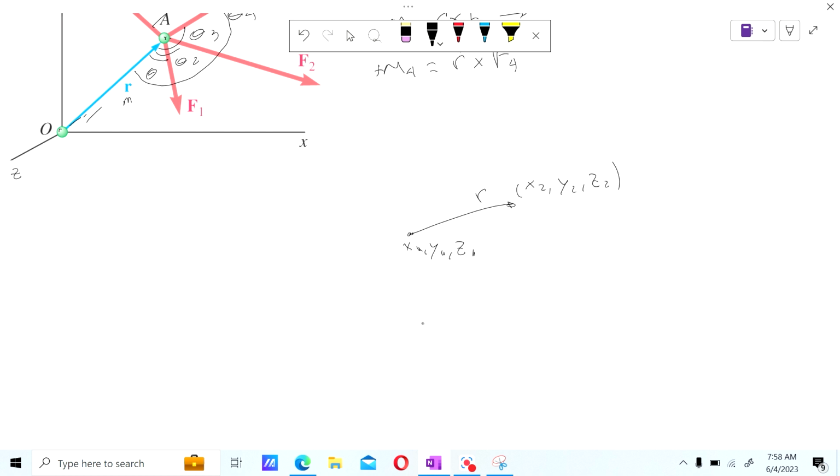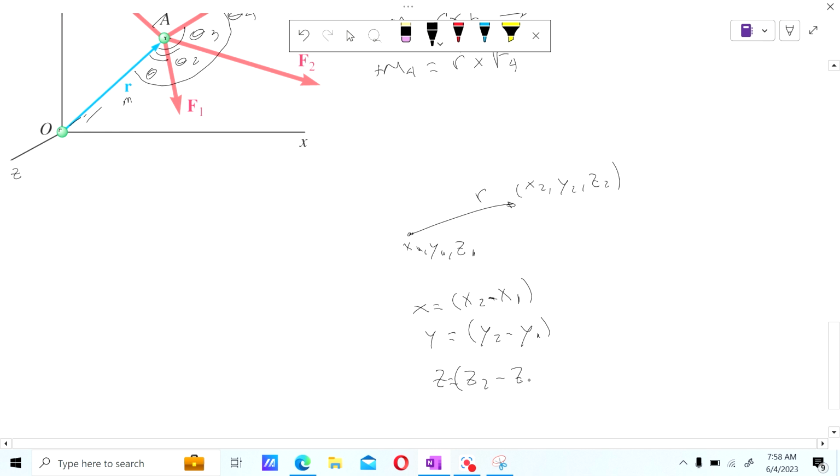Okay, so the distance in x is x2 minus x1. In y, y2 minus y1. In z, z2 minus z1.